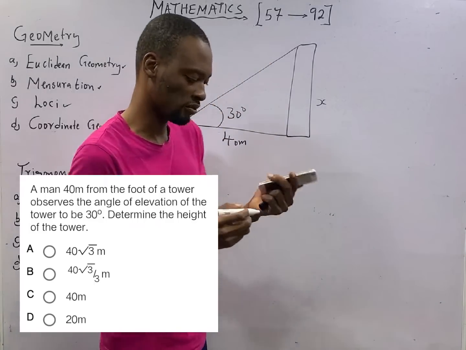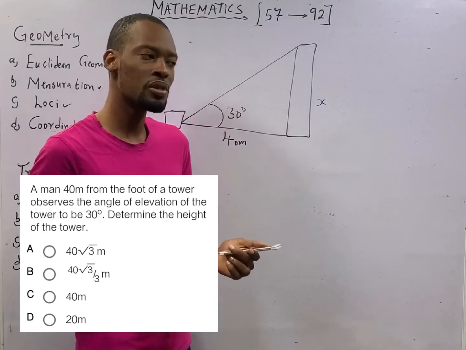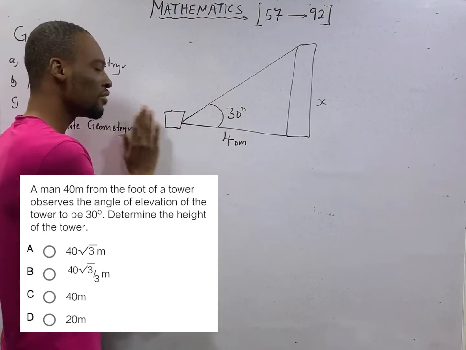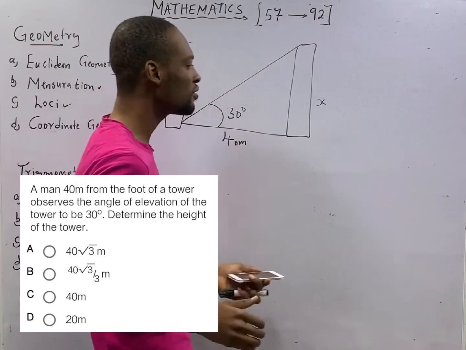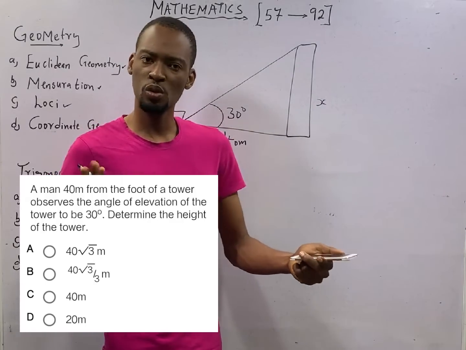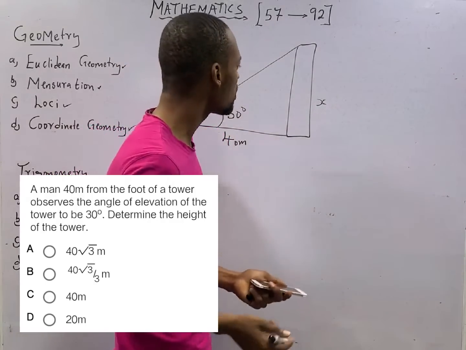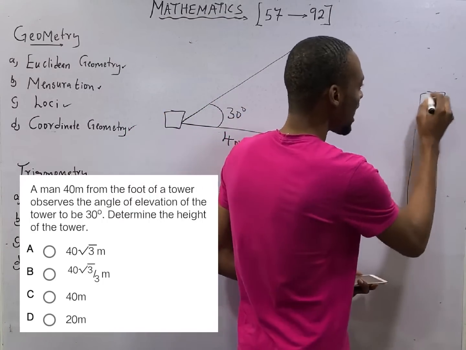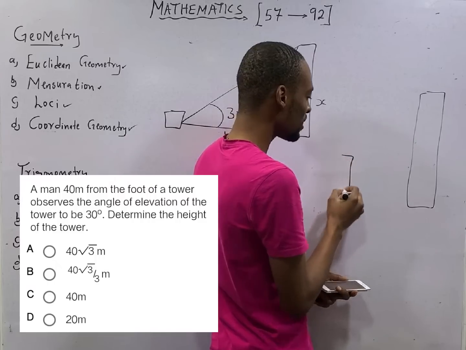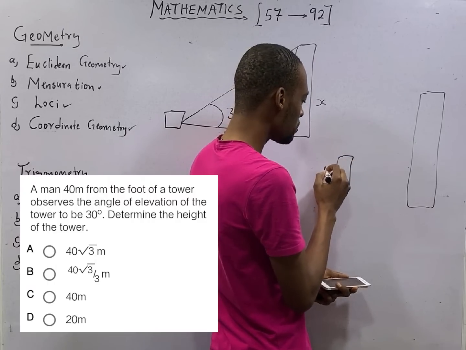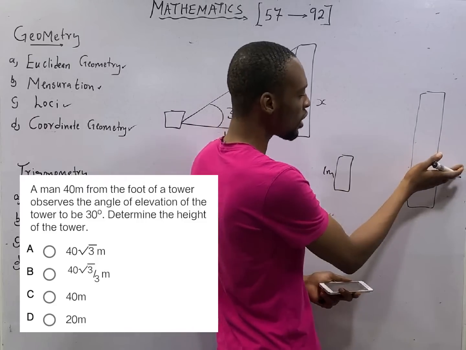Now look at something. Since they did not give you the height of the man, assume that his eye level is here. But if you are given the height of the man, there would have been the issue we had in the previous question. If the man had a height, it will mean that here will be the height of the tower, here will be the height of the man. Let's say 1 meter, and here will be the tower.